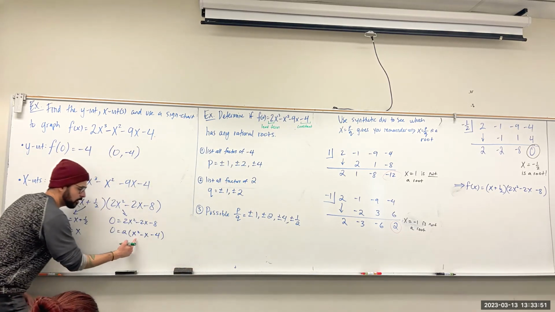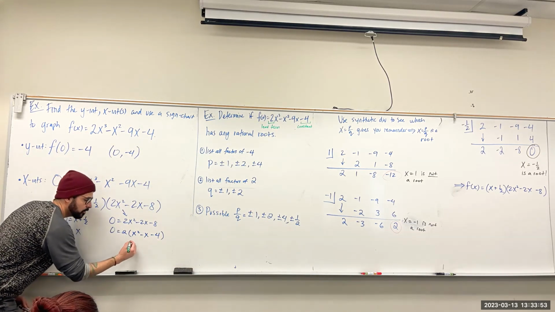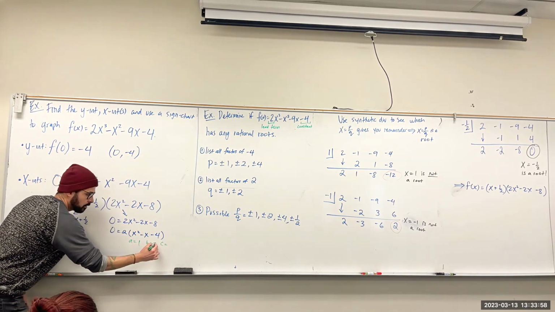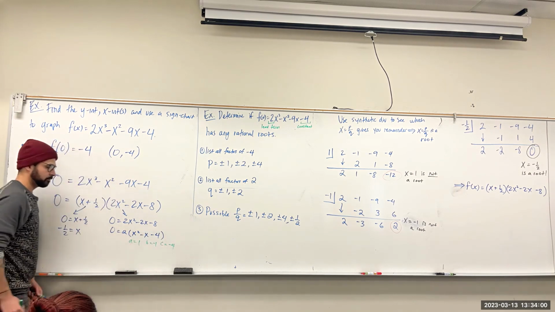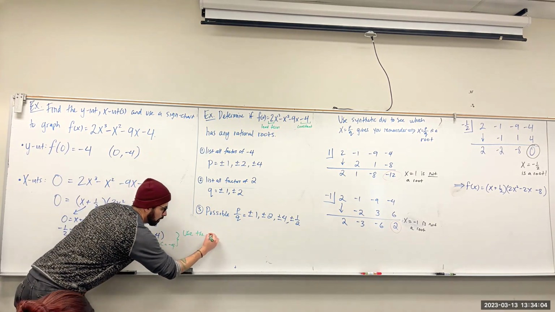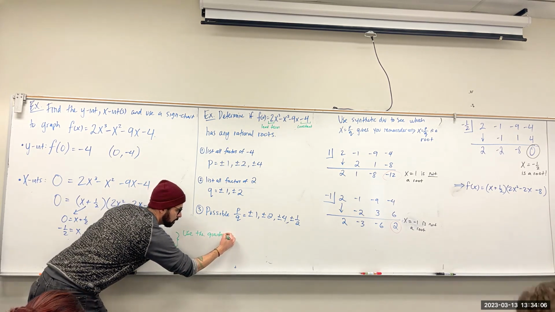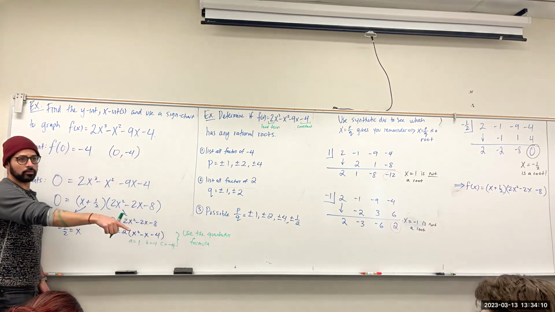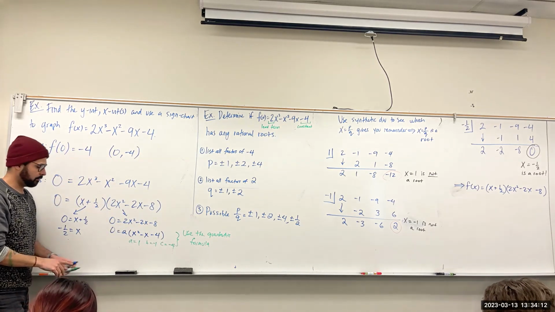What are the coefficients you're going to use? What's your A, your B, and your C? 1, -1, and -4, perfect. So use the quadratic formula. The notes that I'm going to post show all that work, but I want you to do that.